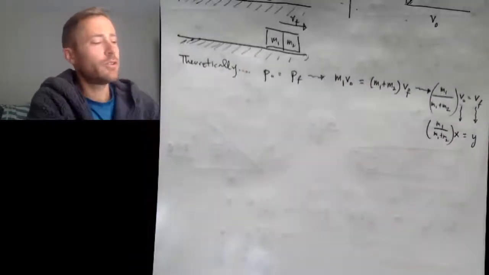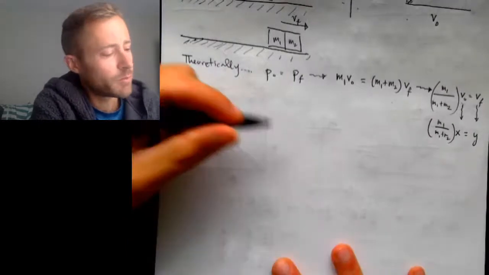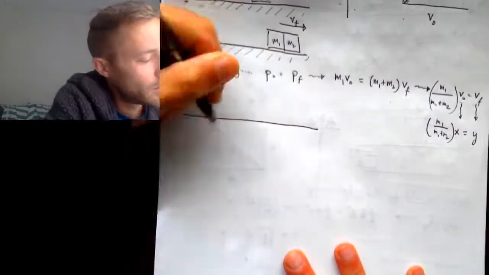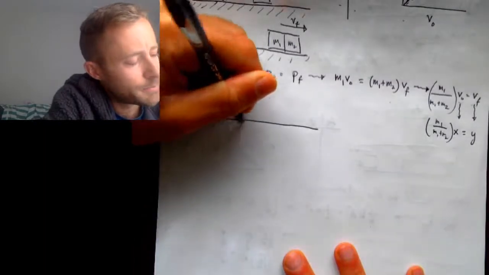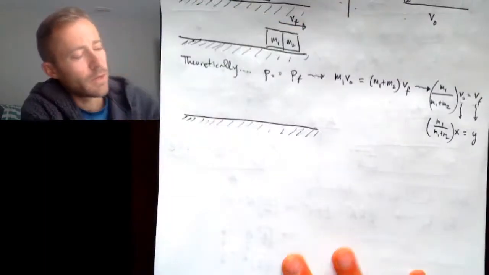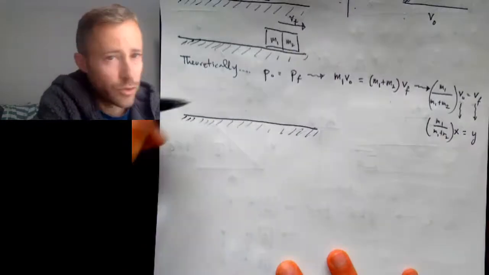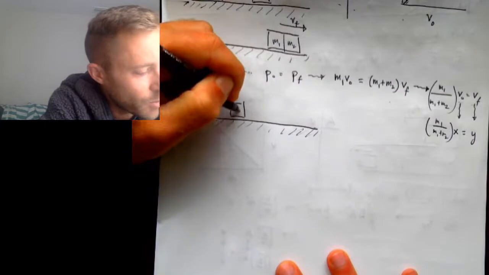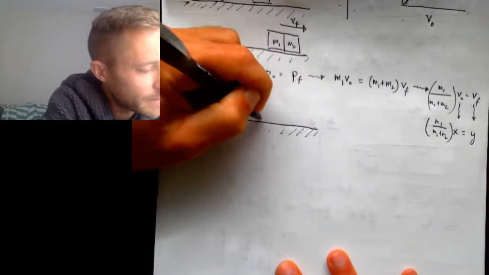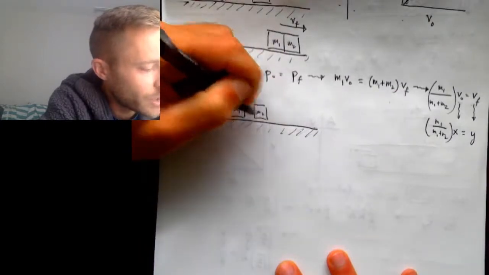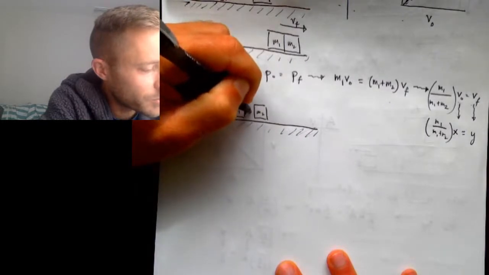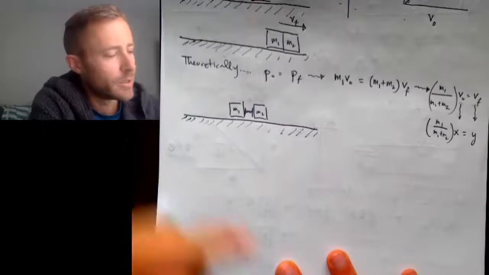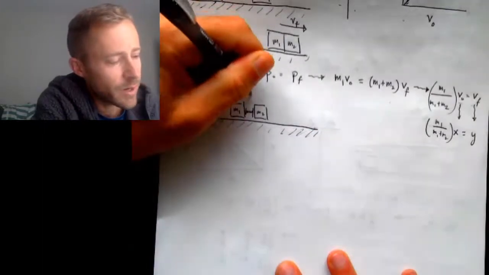So another experiment you could do with momentum that's very common is you have two masses, M1 and M2, and you put a compressed spring between them. Okay, so initially the system is at rest.